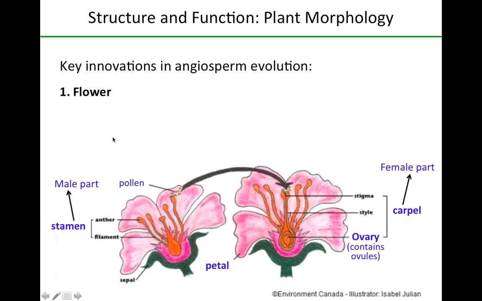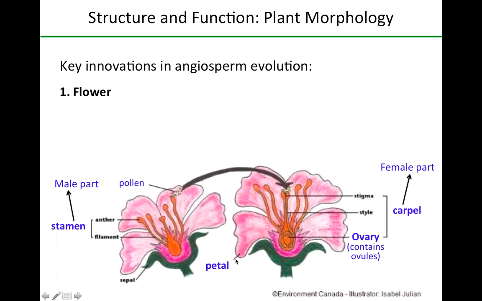So in general, the flower is made up of a stamen, or the male reproductive part of the flower, the carpel, which is the female reproductive part, and the carpel contains the ovary. So the ovary is this part here that surrounds the ovules, and then flowers also have petals.